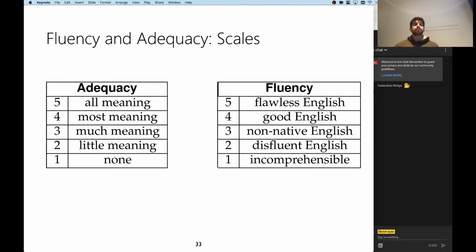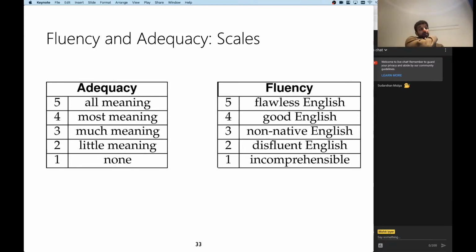So if you're setting up a human evaluation for this task, you might make some scales, right? It's common to have what's called a Likert scale, where human raters can choose on a scale of 1 to 5, where 1 is the worst and 5 is the best: how adequate was this translation, and how fluent is this translation? You can see, though, that these categories are kind of subjective, right? What is the difference between much meaning and little meaning being preserved in this output translation?